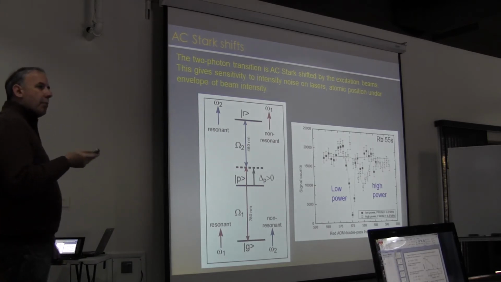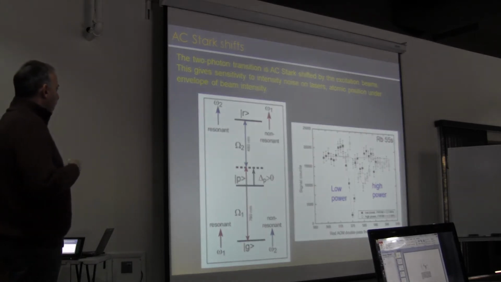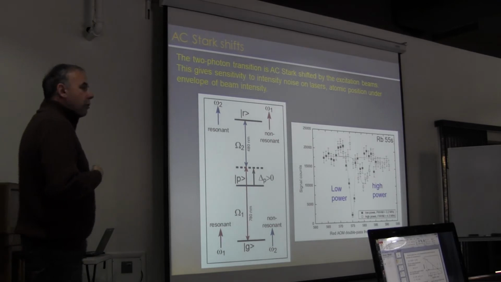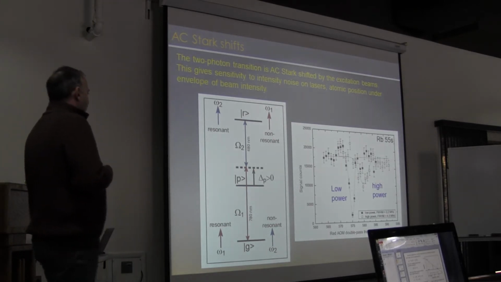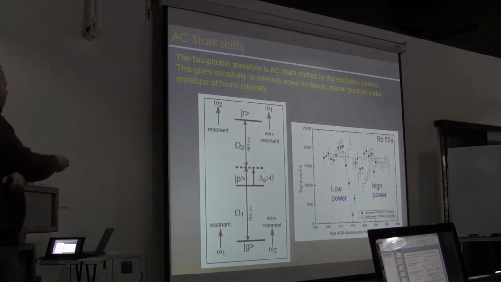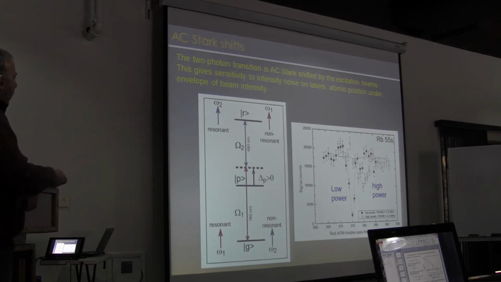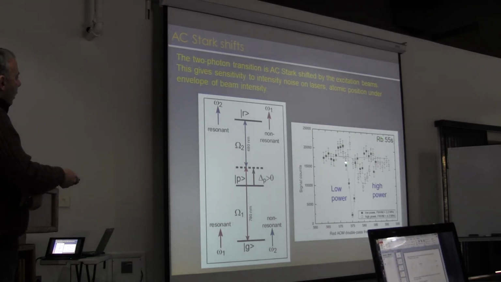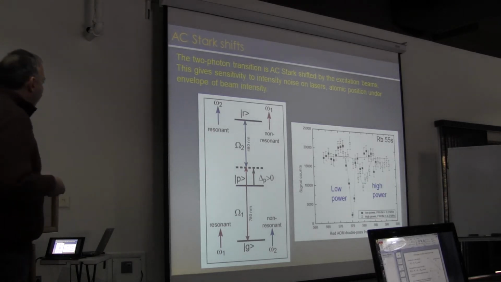And so that gives some inaccuracy to the high pulse excitation, which is a problem for quantum gate implementations. And so you can see an example of that here, where we're looking at the rubidium 55S state. At low power, we have an excitation frequency here. Just turning up the power, this frequency has moved over a few megahertz.